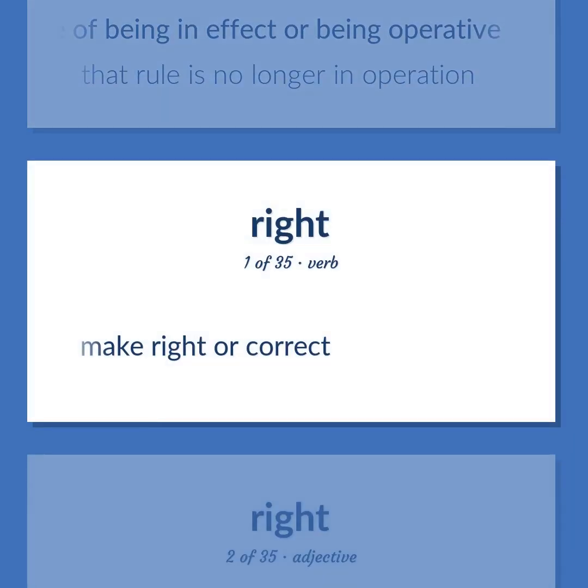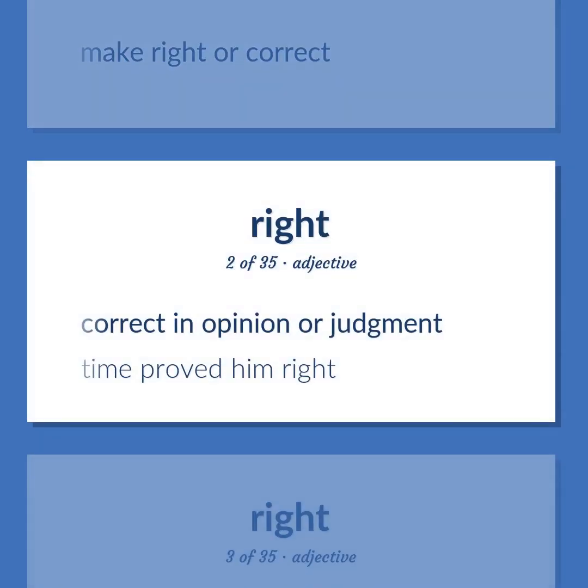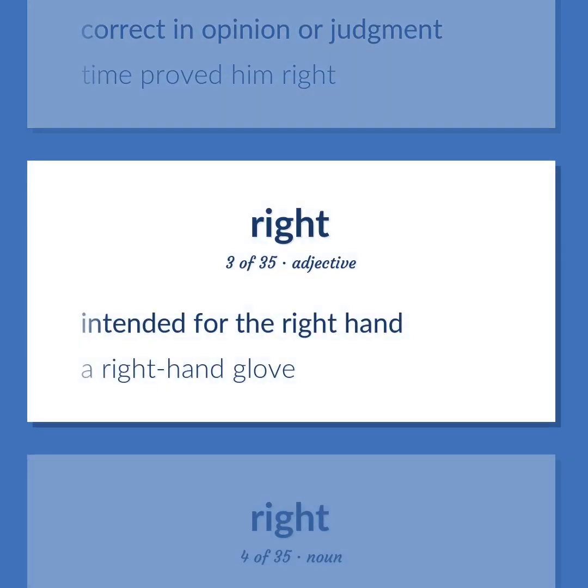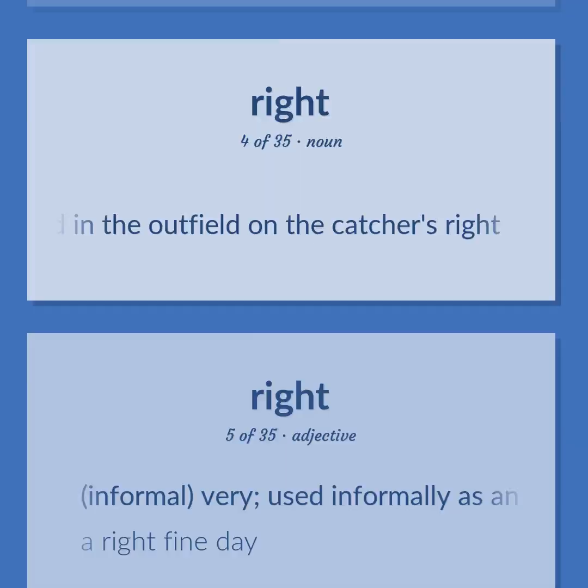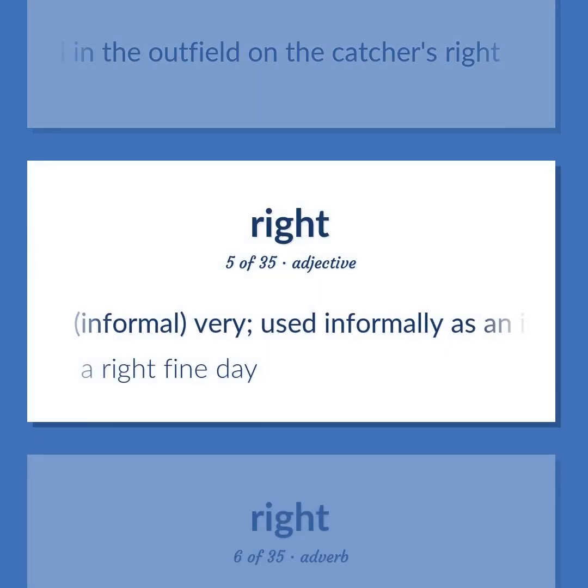Make right or correct. Correct in opinion or judgment. Time proved him right. Intended for the right hand. A right-hand glove. The piece of ground in the outfield on the catcher's right. Informal, very.